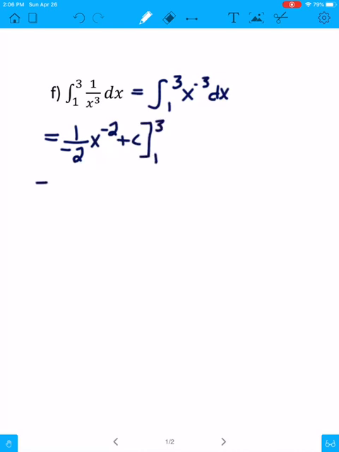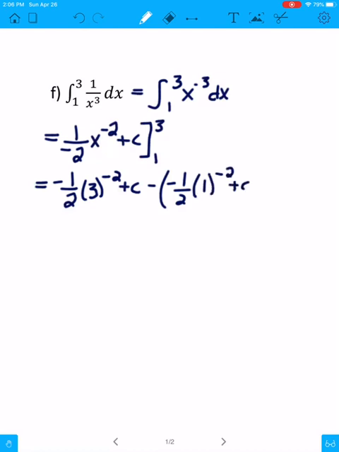And then we fill it in. So we get negative 1/2 times 3 to the negative 2 plus c minus negative 1/2 times 1 to the negative 2 plus c.